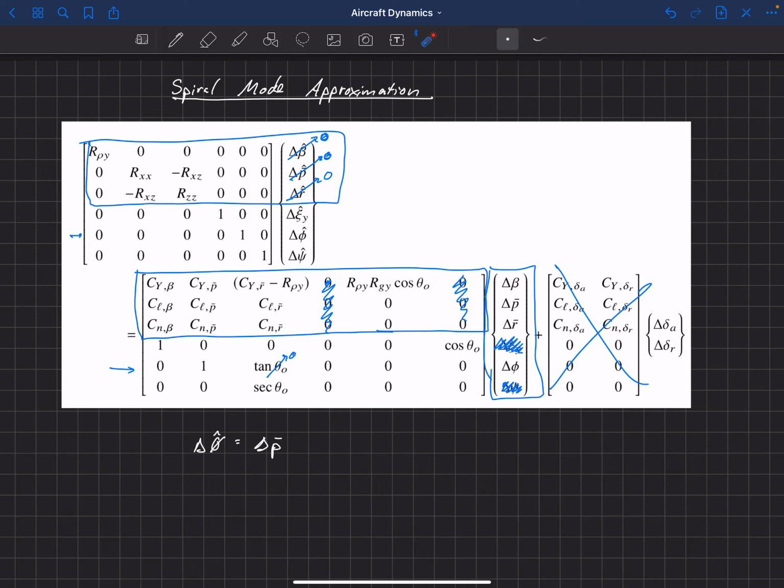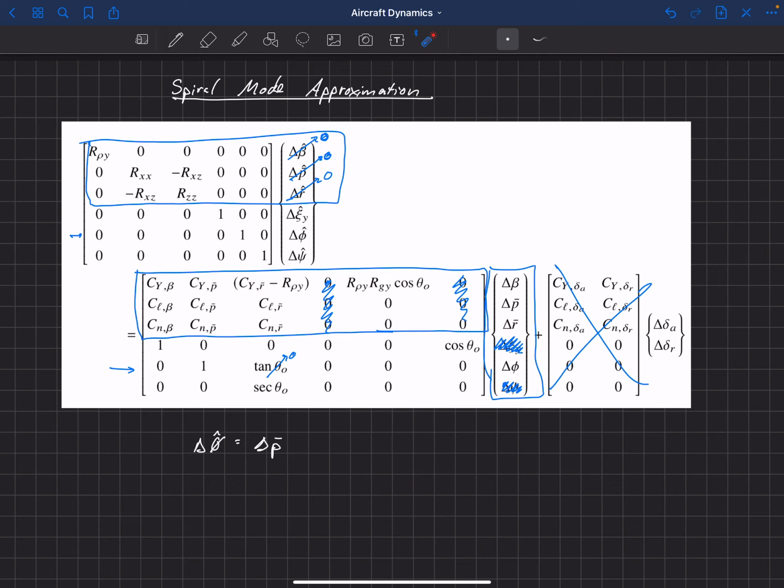We could use this equation here to solve for beta in terms of p and r. Then we could plug that into this equation here and solve for p or r in terms of the remaining variable. Then we could plug both of those solutions into this final one to get rid of these variables.